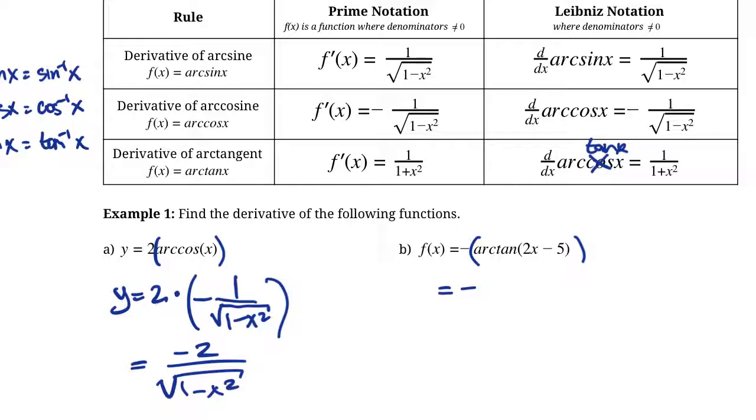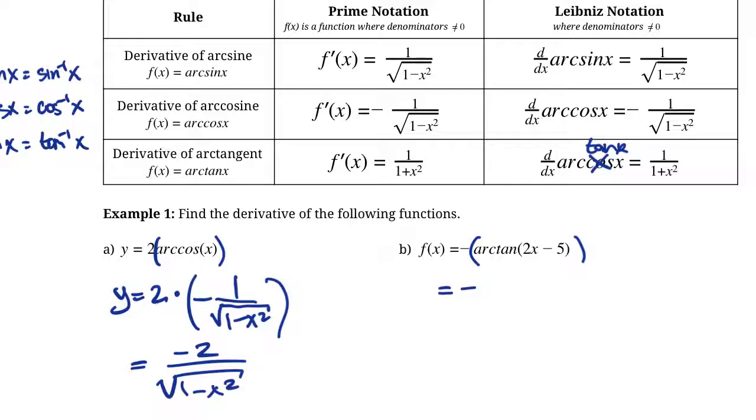Now, when we have a function inside another function, so 2x minus 5 is a linear function inside of arctan, the first thing that should go off in your mind is chain rule. So again, to use the chain rule, we're going to do the derivative of the outside function times the derivative of the inside function.